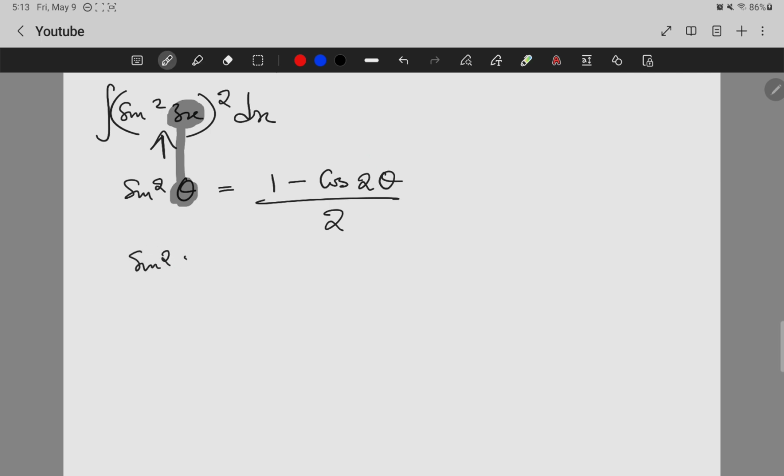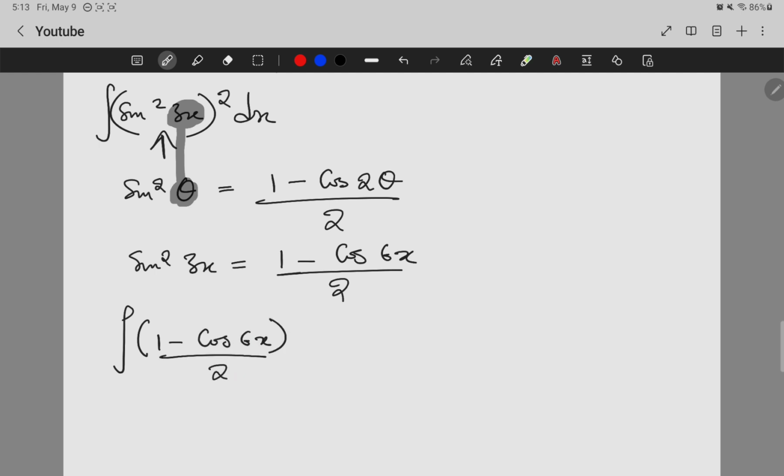So that sine squared 3x will be 1 minus cos of 2 times 3x, which will be 6x, over 2. So our integral is now just the integral of, the half here can come out, but let me not bring it out just yet because of that square. So I have 1 minus cos 6x over 2, but remember, squared there, dx.